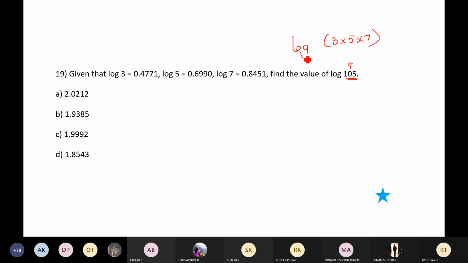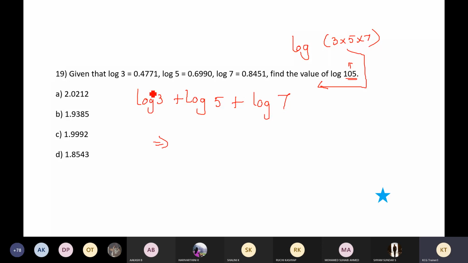So this can be rewritten as log 3 plus log 5 plus log 7. So if I add all these three values, what do I get? My answer is 2.0212.